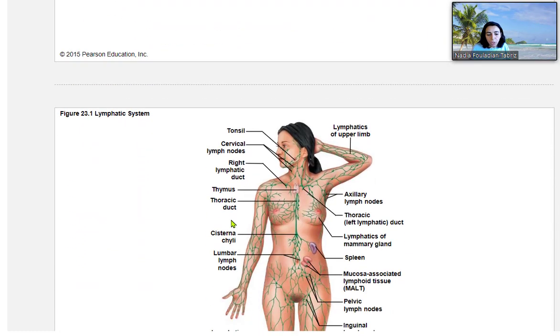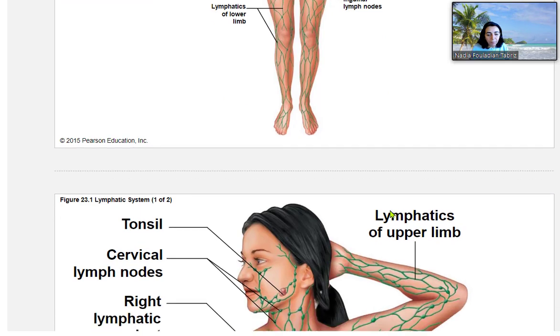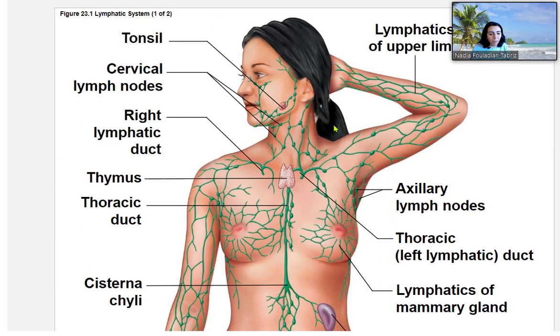So here you see a picture of many of the nodes, and also these lymphatic vessels. We have talked about the two systems that we have, on the right side and on the rest of the body, right? In the bigger magnification, you see all these capillaries joining, passing through some lymph nodes, and then finally they gather together.